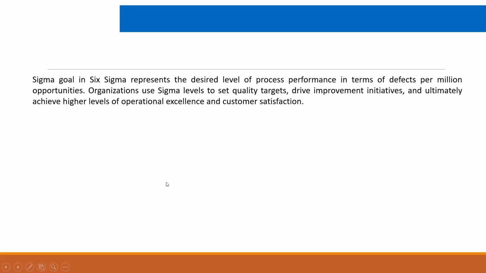Now, Six Sigma represents what? So we say Six Sigma represents the desired level of process performance in terms of defects per million opportunities.